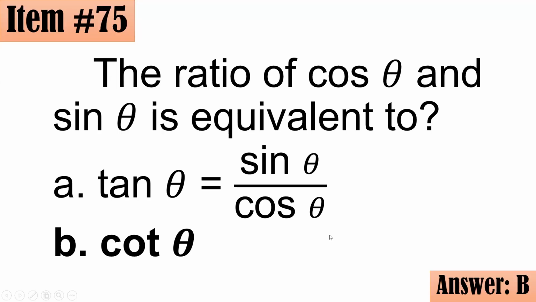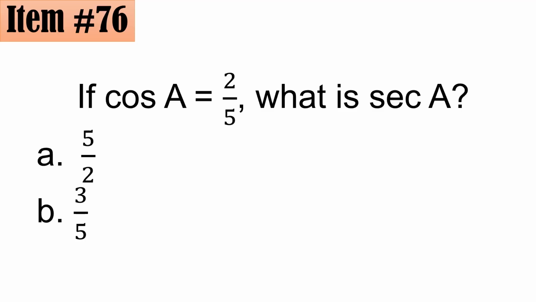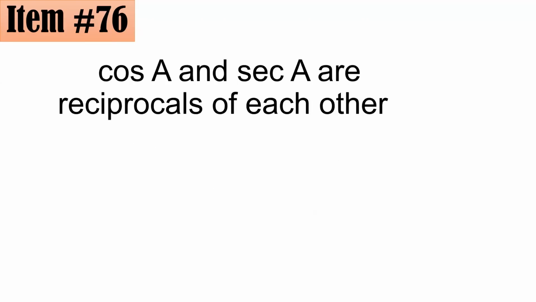All right. 76. If cosine A equals 2/5, what is secant A? Is it 5/2 or is it 3/5? Okay, what do you think? Cosine A is 2/5. What is secant A? Wow, very good. Many of you answered letter A. And if you did, congratulations.